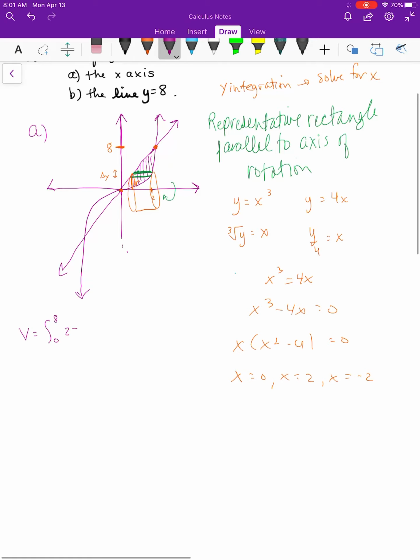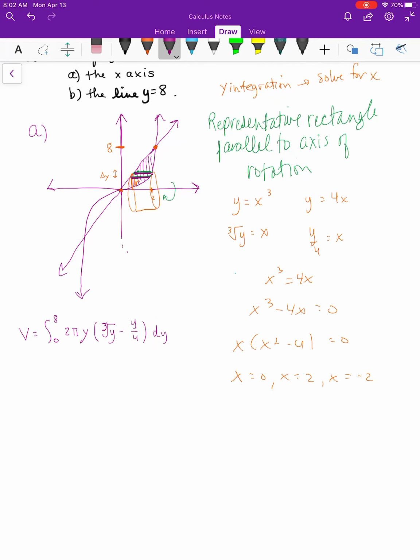Okay, so now we're ready to find the volume. So we've got the integration from 0 to 8. And remember, this is 2 pi r. Well, for our r, it's just going to be the y value from 0 to 8. So that's just going to be 2 pi y. And then times, and then what is this right here? Well, that's going to be right minus left.